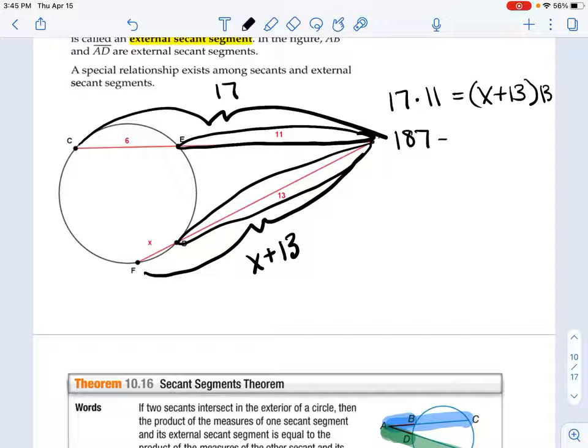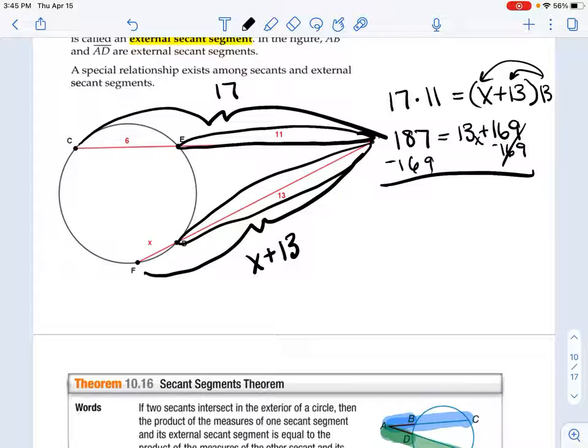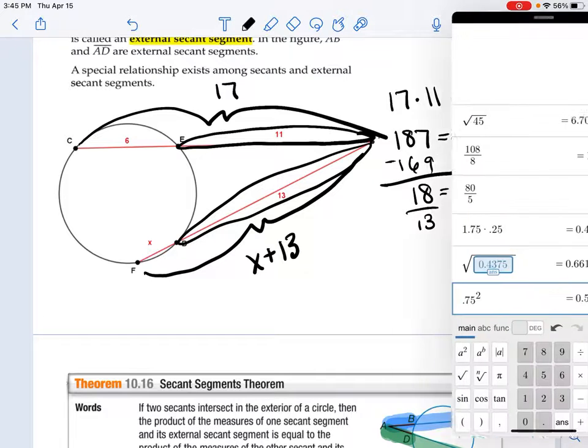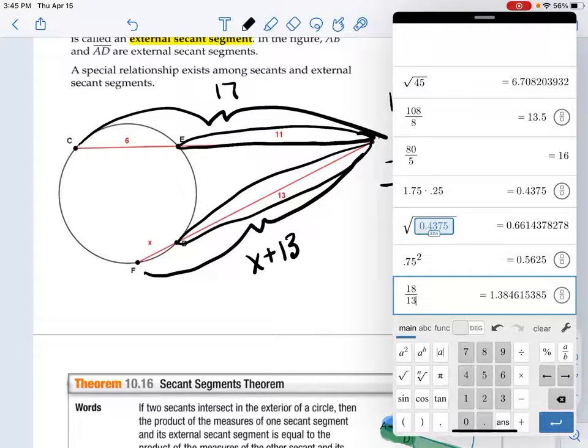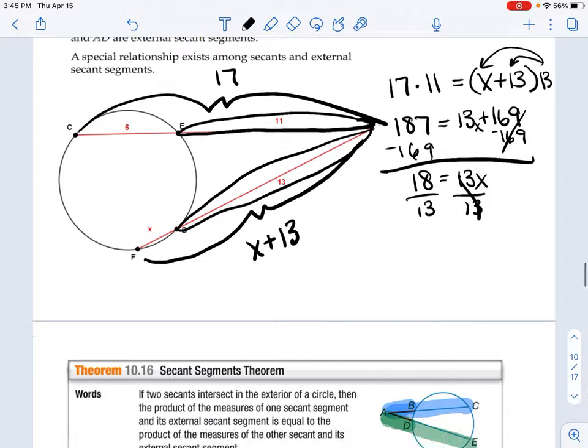So we have 187 is equal to 13x plus 169. Solve for x. So we get 1.38 for the value of x.